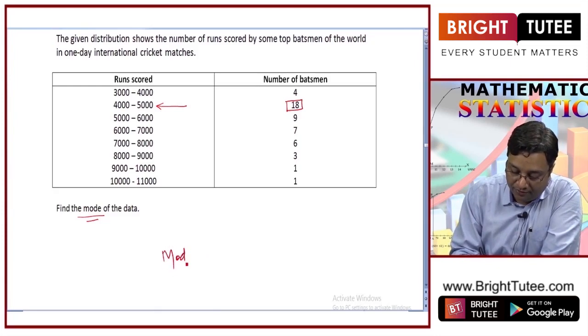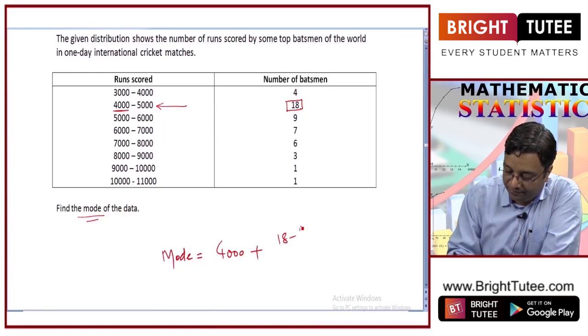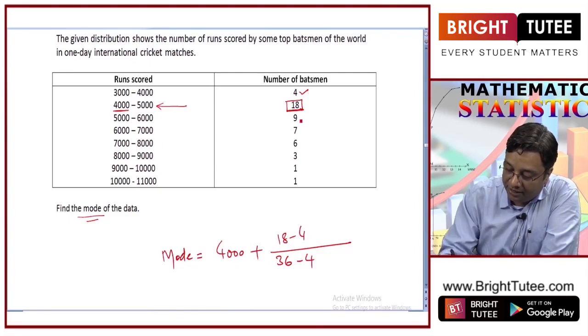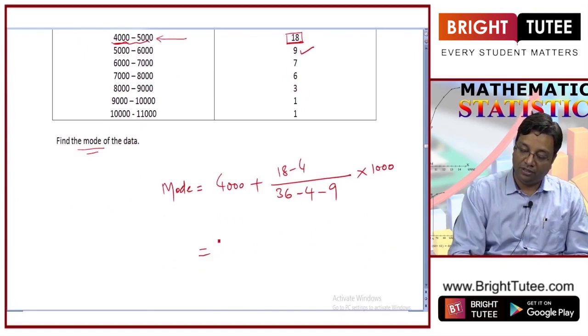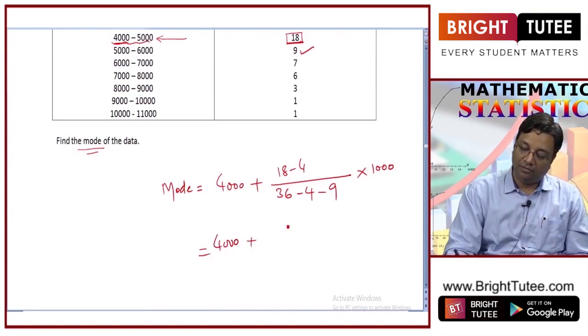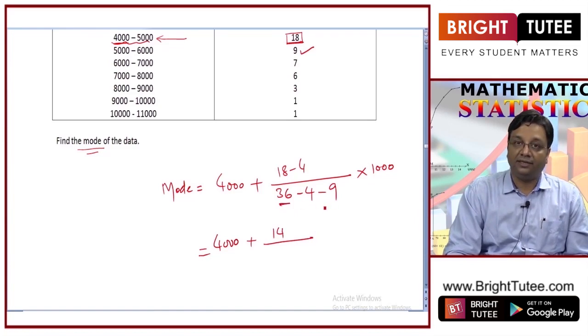So, the mode will be L, that is 4000, plus F minus F1, 18 minus 4, divided by twice of F, that is 36, minus F1 minus F2 into the class size. Class size is 1000. All right. So, the mode will be equal to 4000 plus this is 14 divided by 36 minus 13.